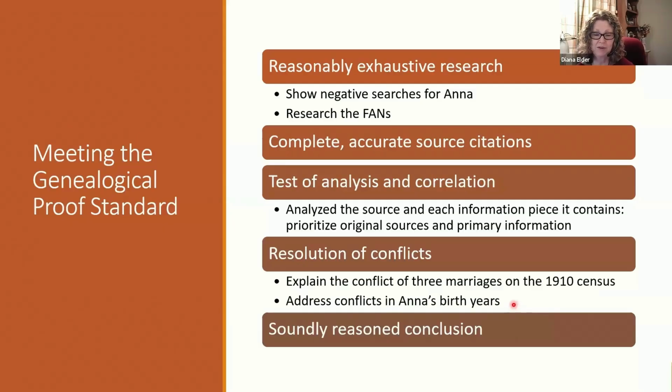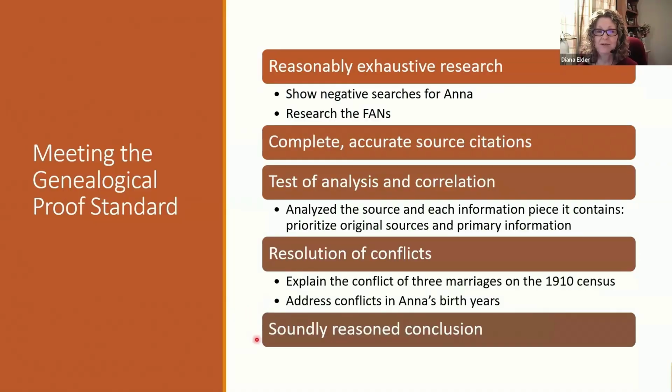So we would have to pull that together. And conflicts in birth years are, in my opinion, not that hard to explain, because we all know that it can be kind of challenging for the right ages to be recorded in things. Sometimes people just didn't remember their ages, or someone else was giving the information, so they guessed. So we do look at all that and try to make sure we have addressed that.